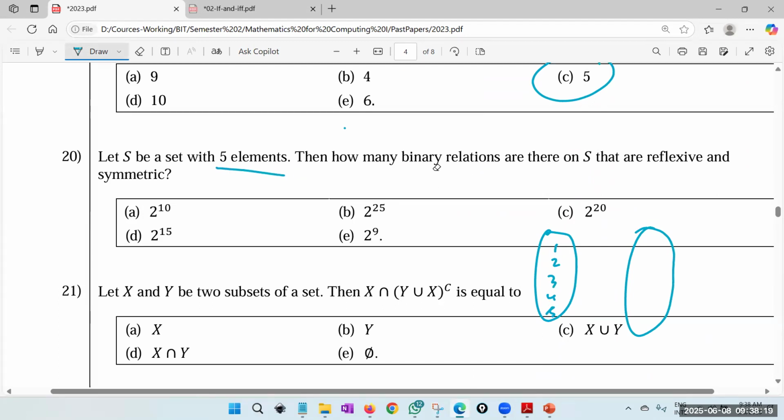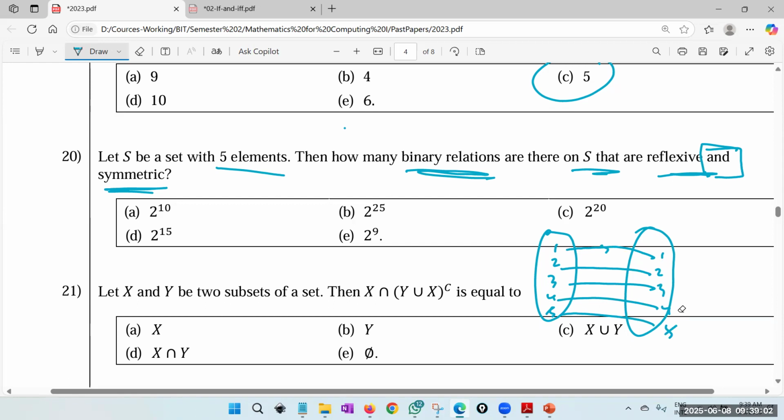How many binary relations are there on set S that are reflexive and symmetric? If it is reflexive, definitely 1 to 1, 2 to 2, 3 to 3, 4 to 4, 5 to 5 must be there.